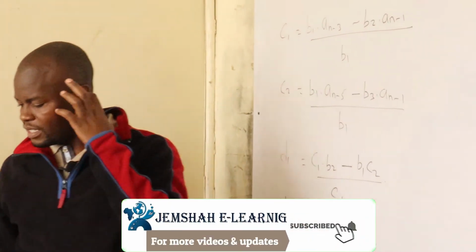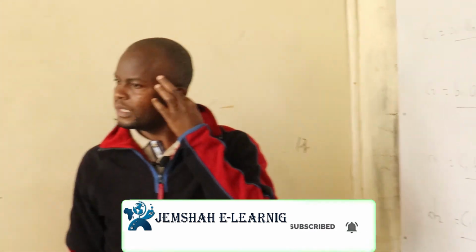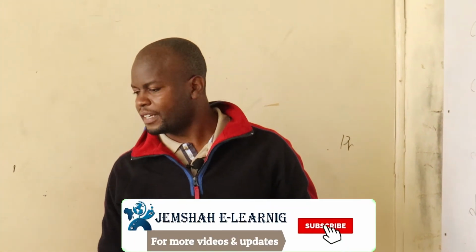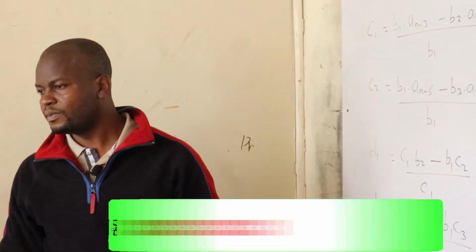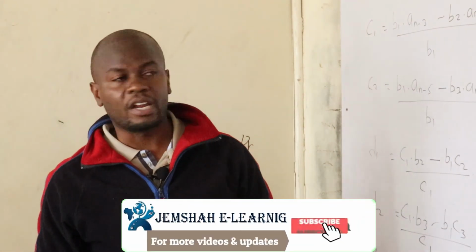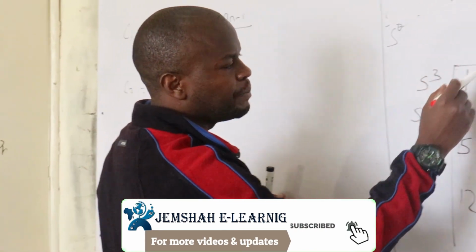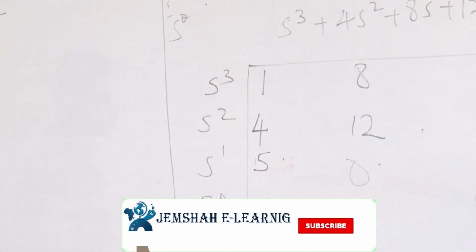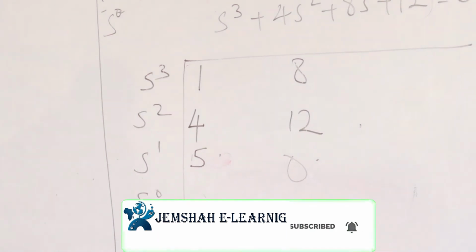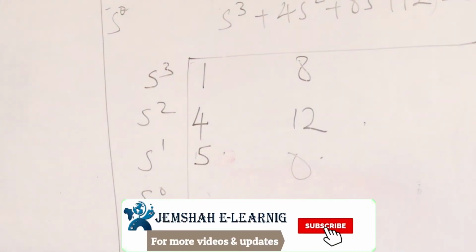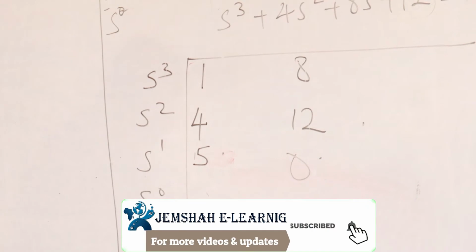So, is the system stable? You are supposed to put a comment after that. Is the system stable? We say that you are supposed to look at the first column. All of them must be positive. Are they all positive? If they are all positive, then you can put a conclusion that the system is stable since all the roots in the first column are positive.